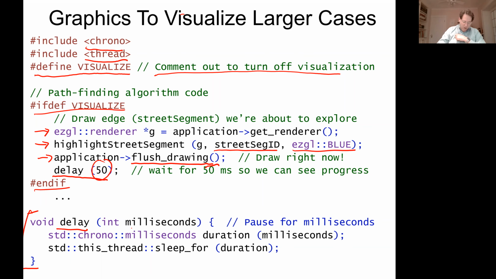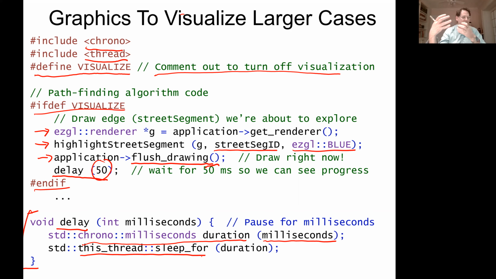So this is a little helper function called delay that I wrote here. All it does is basically take in some number in milliseconds and call chrono to turn that into a chrono object that represents 50 milliseconds. And then we make a call to put our current thread, that's basically our current program, to sleep.